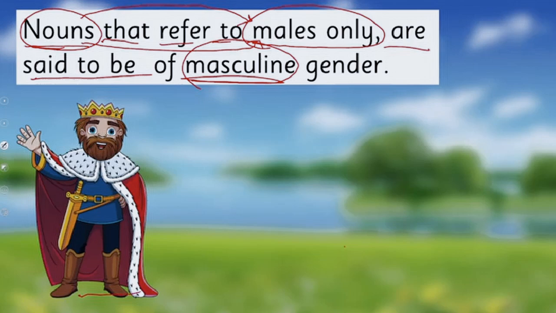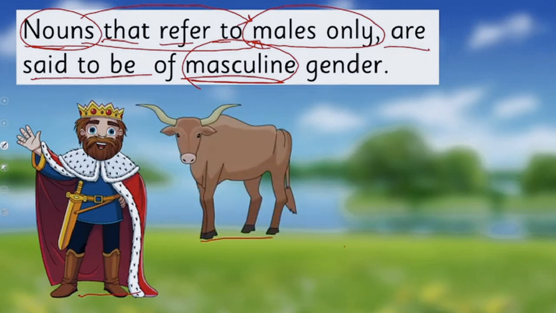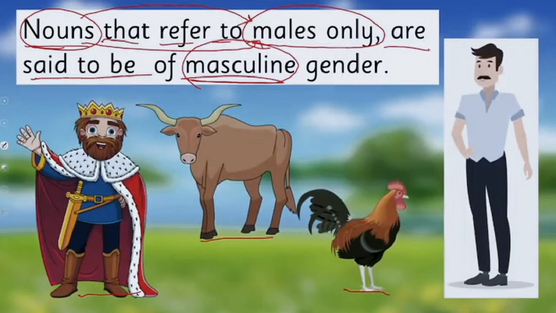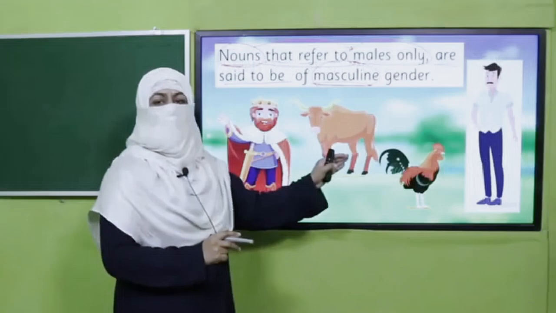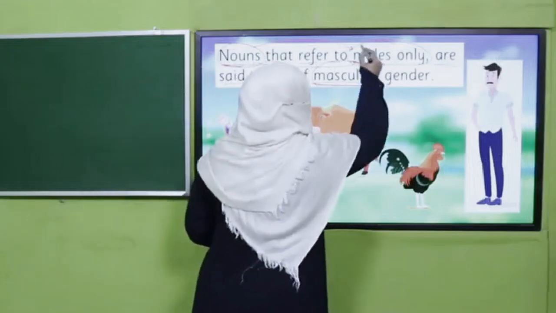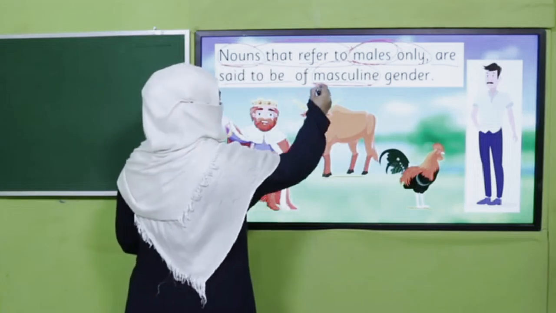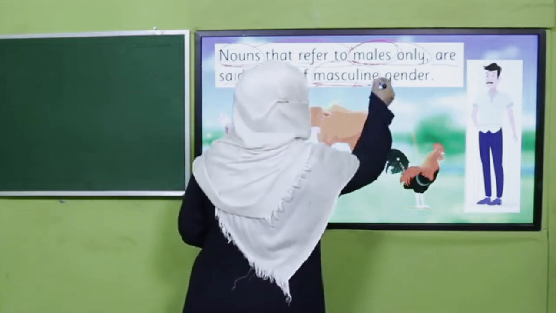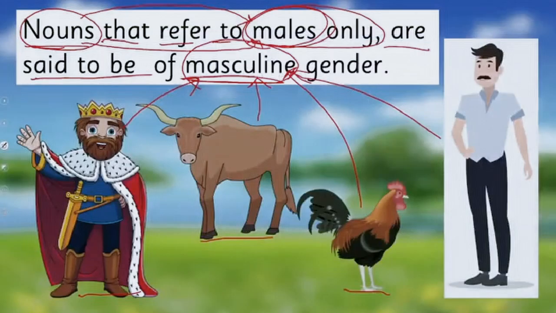King is always a male. Bull, rooster, man. These are all the naming words we use for males only. That's why king is masculine, bull is masculine, rooster masculine, man masculine. These all are masculine gender nouns.